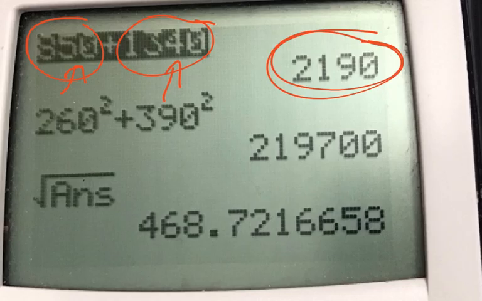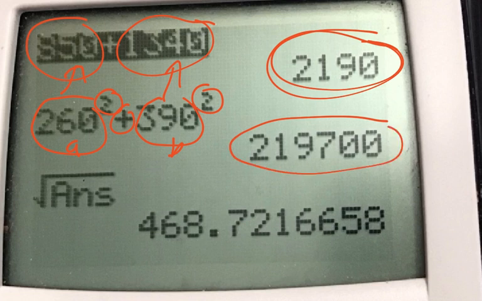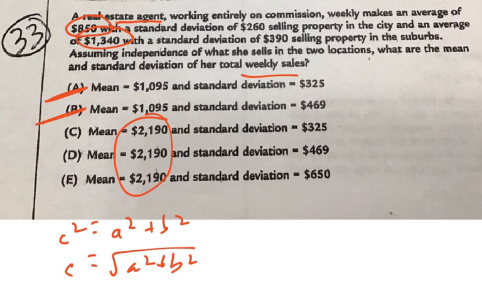So, we are going to take the 260, square it, add that to the 390 squared. This is my A squared plus B squared here. That sum we're going to take the square root of, and this is the combined standard deviation. So it's around 468 to 469. So if you look here, guys, they rounded off to 469. So that's why the correct answer is D.